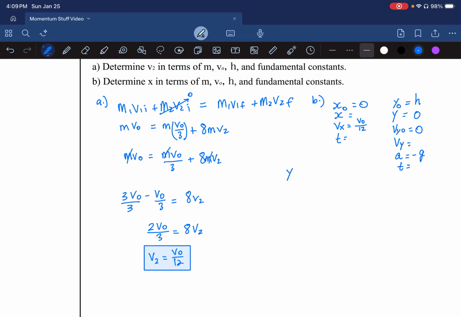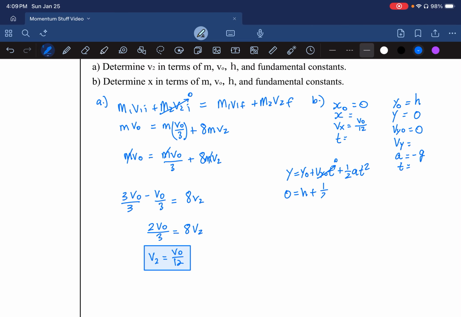All right, the equations that we use for this sort of problem is y equals y naught plus vy naught t plus 1 half a t squared. So let's start substituting. This is h. Vy naught t is 0.